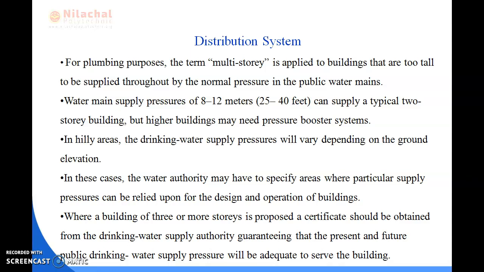In hilly areas, the drinking water supply pressures will vary depending upon the ground elevation. And for buildings of three or more storeys, we have to obtain a certificate from the drinking water supply authority, guaranteeing that the present and future public drinking water supply pressure will be adequate to serve the building.